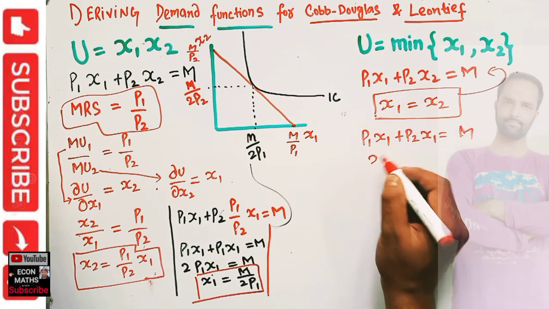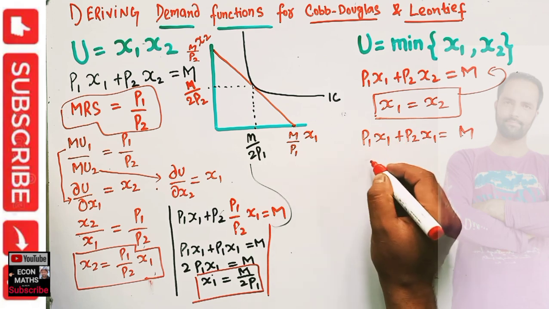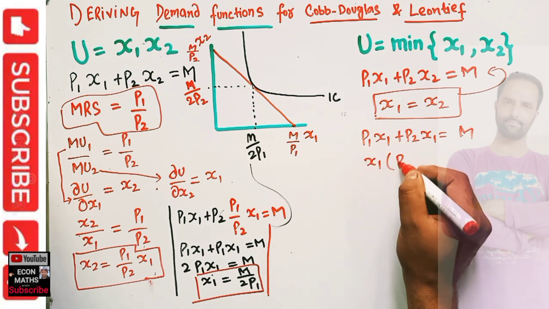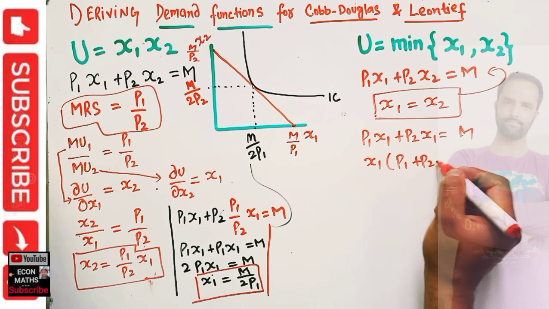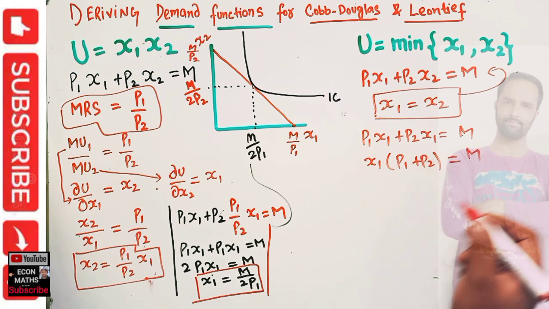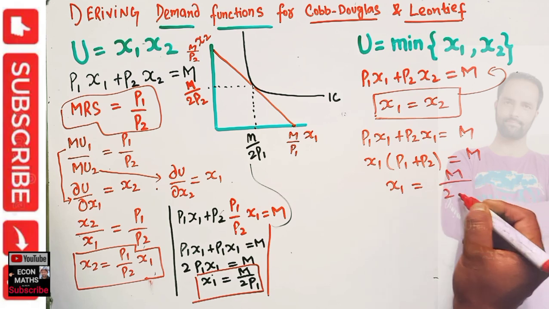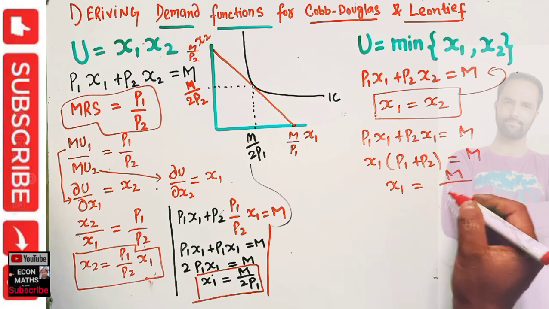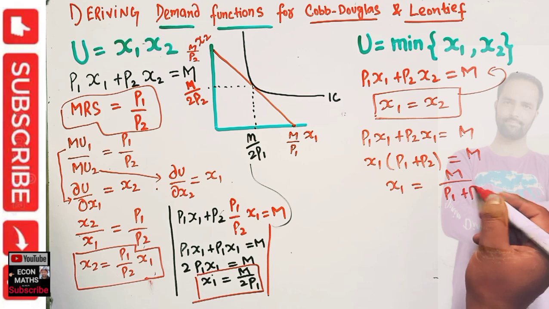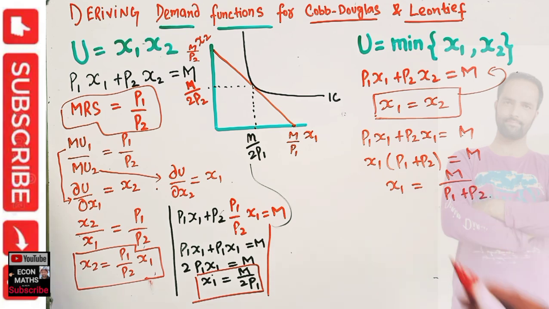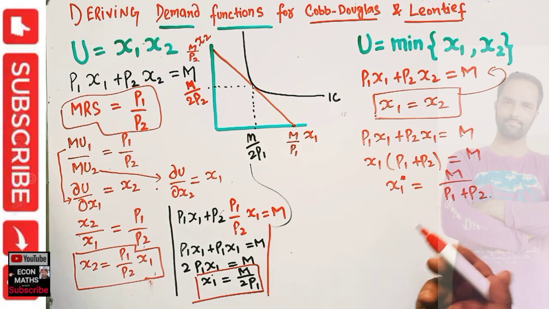So we have, taking x1 common, we are left with x1 times p1 plus p2 is equal to m, or x1 is equal to m upon, sorry, transposing this, p1 plus p2. Okay, this will be the demand for good x1 when we have Leontief preferences.